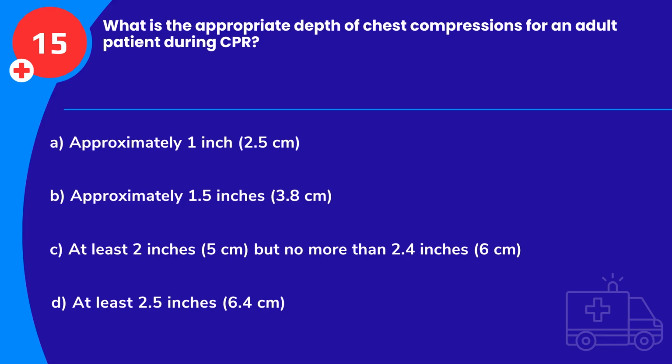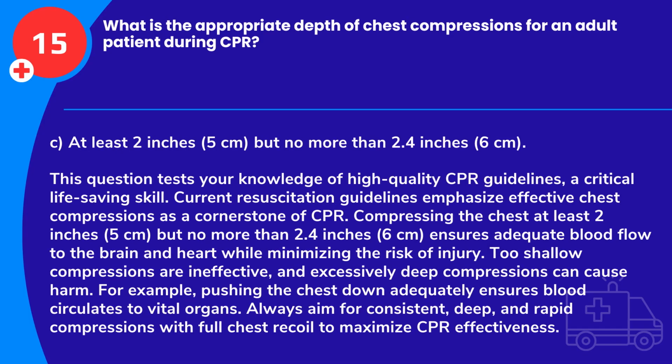Answer: C. At least 2 inches, 5 centimeters, but no more than 2.4 inches, 6 centimeters. This question tests your knowledge of high-quality CPR guidelines, a critical life-saving skill. Current resuscitation guidelines emphasize effective chest compressions as a cornerstone of CPR.